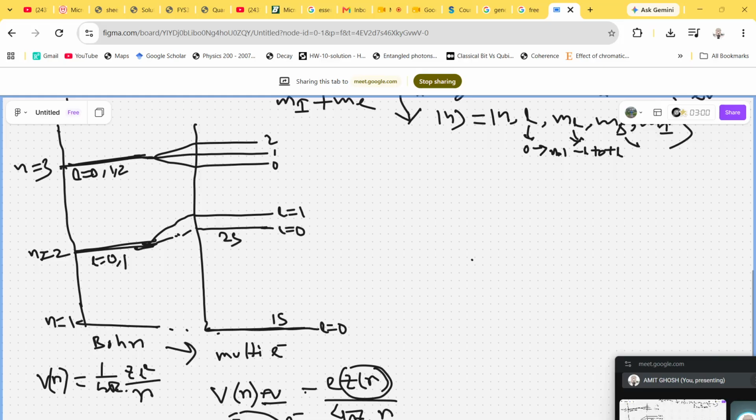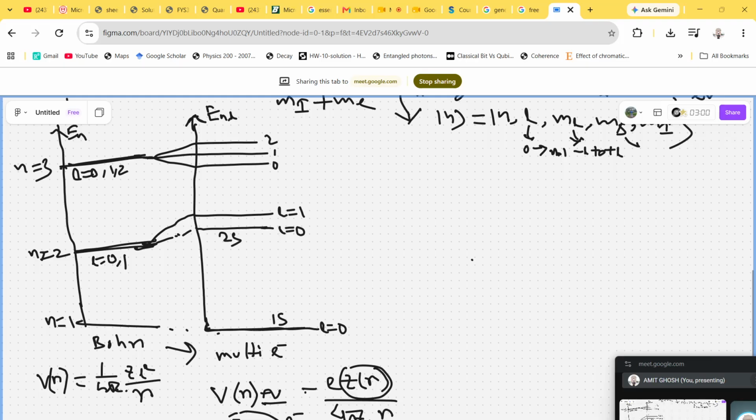So in the Bohr picture, it was only E n. Now in multi-electron, after Bohr, you go to multi-electron. So Bohr was the first person. Next, it was multi-electron, then E n comma l. You will remove all the degeneracy one by one.